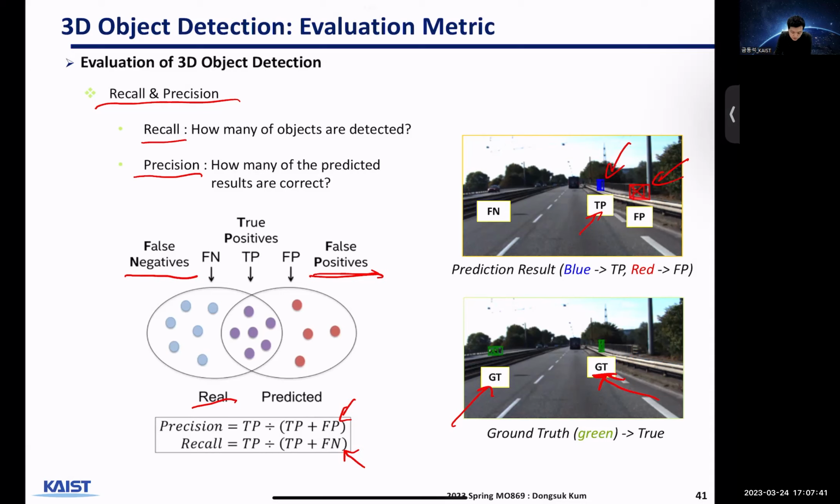And then you also need to look at this GT, which is not detected. So it's a false negative, meaning that you detected negative, no object, but that's false. So ideally, you want to detect 2 objects with good precision, okay?